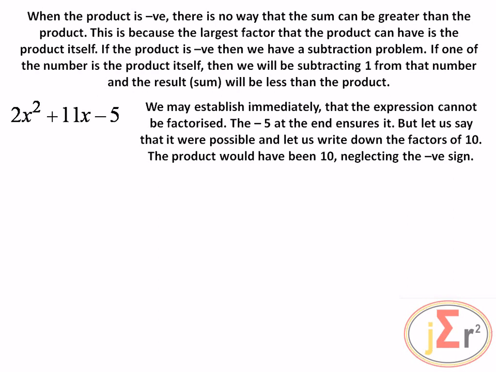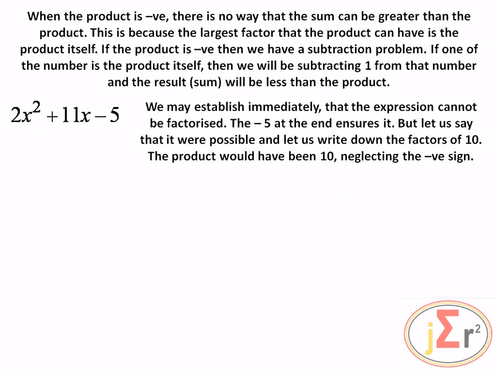So we are sure that the expression cannot be factorized. Why are we sure? Because the largest value of the product is 10. So the product is 10, and the signs are different. The product is negative. Therefore, there is no way that the sum can be greater than 10 if the expression can be factorized.